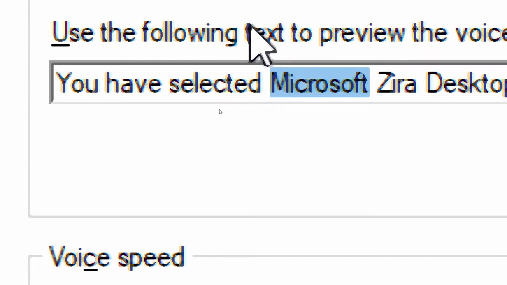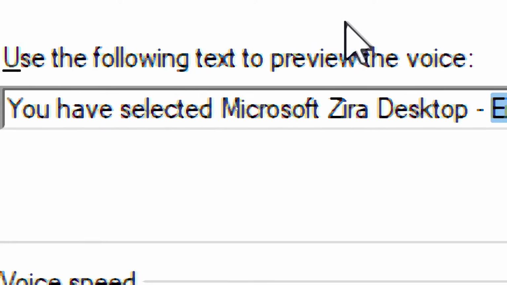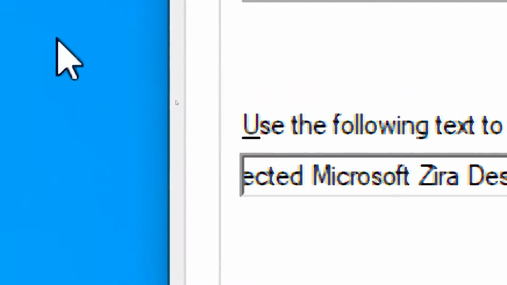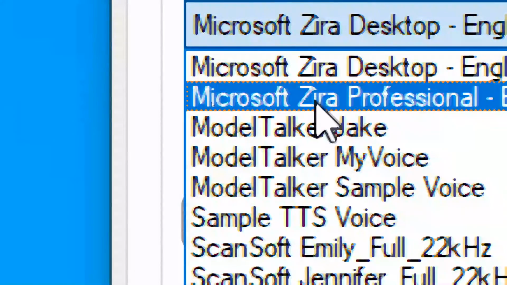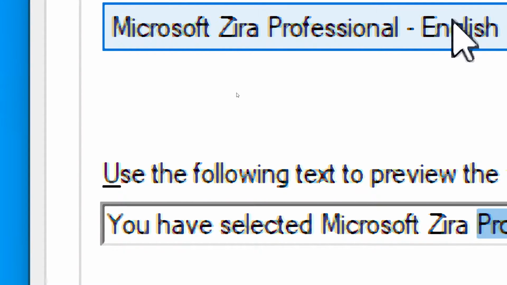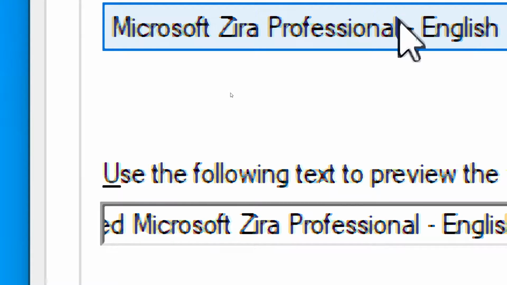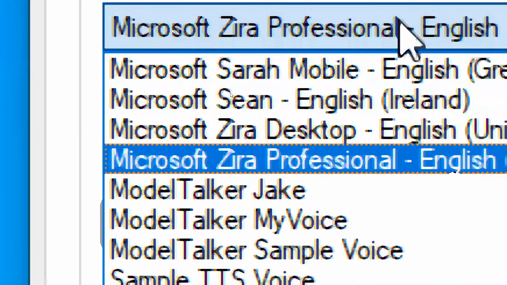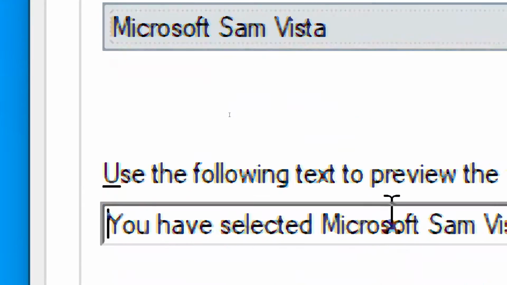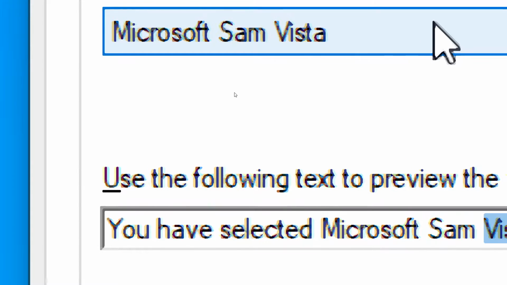You have selected Microsoft Zira Desktop, English, United States, as the computer's default voice. You have selected Microsoft Zira Professional, English, United States, as the computer's default voice. You have selected Microsoft Sam Vista as the computer's default voice.